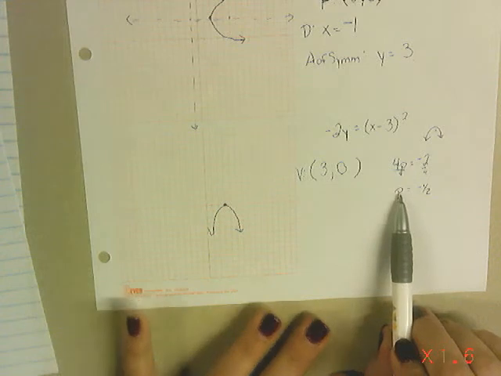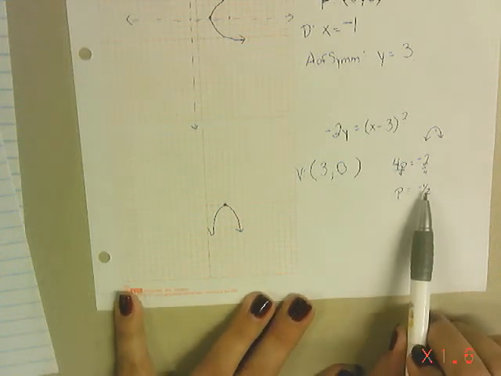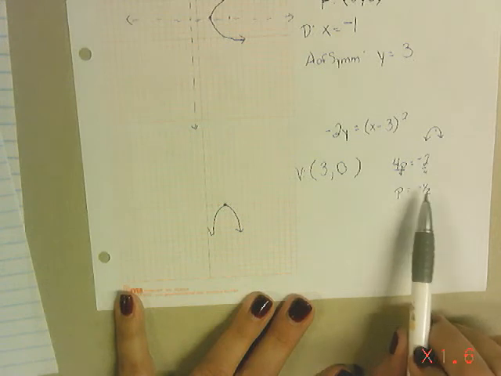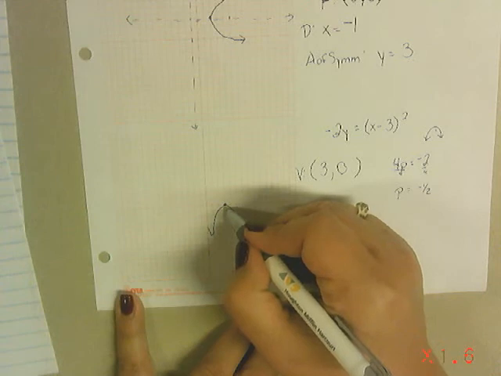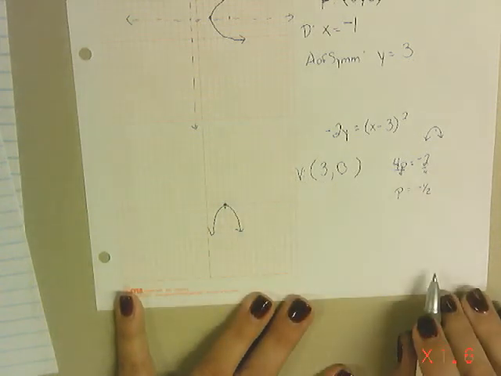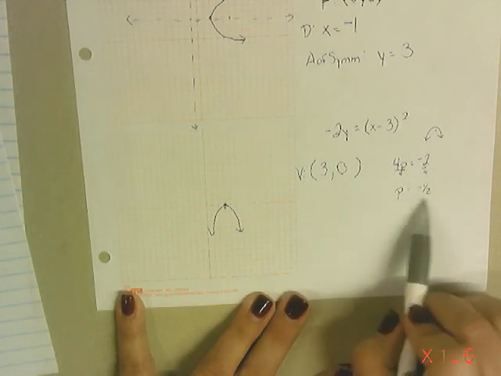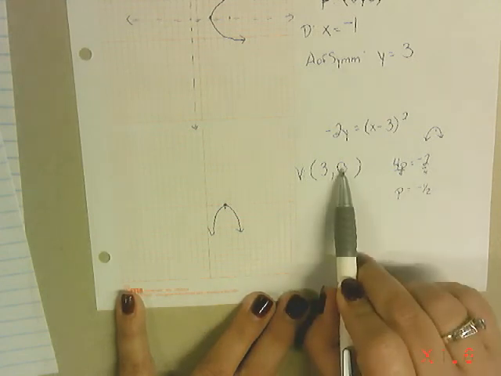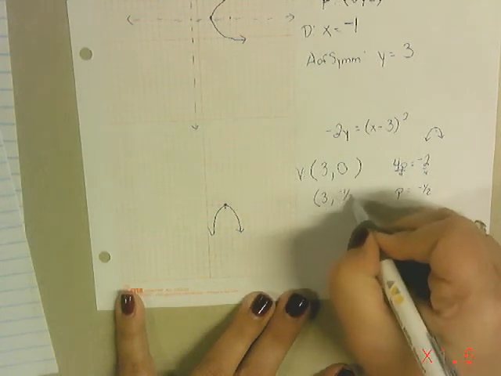All right, so my focus should be going 1/2 of a space from here, and it should be inside, so it should be there. But again, the shortcut is if you add this number to your y coordinate, so that's 3, -1/2.